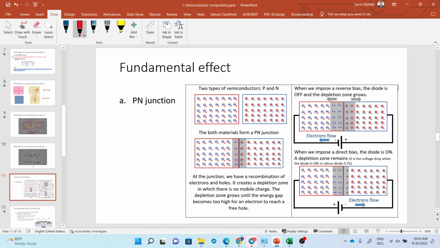So if more negative charge accumulates here and positive here, the electron comes this way.